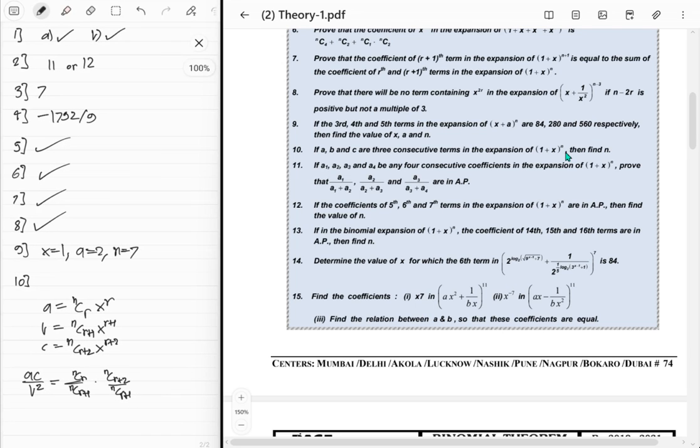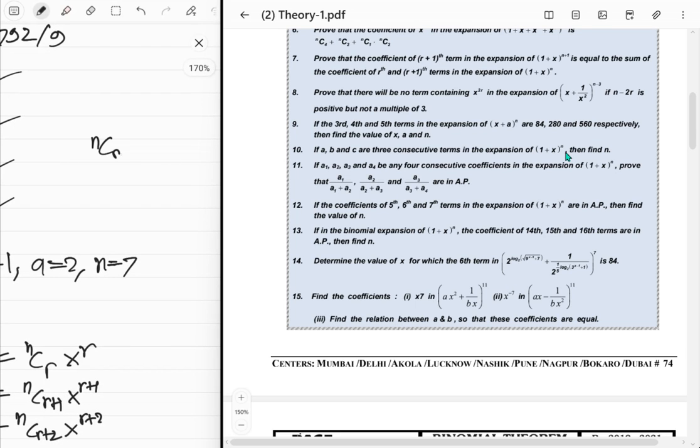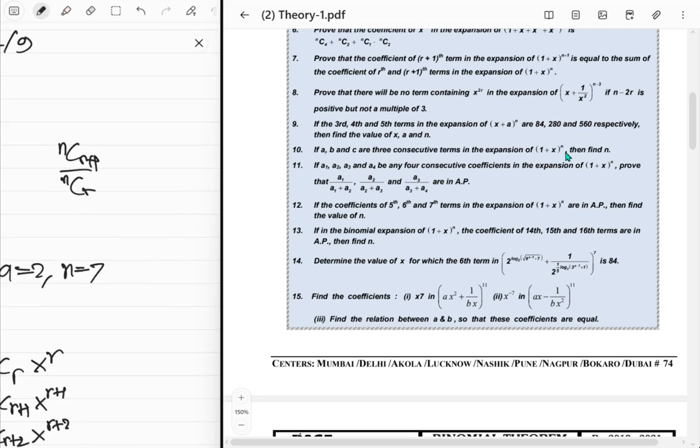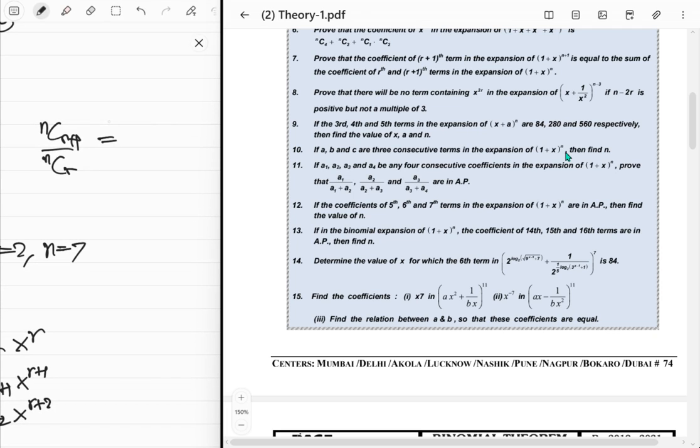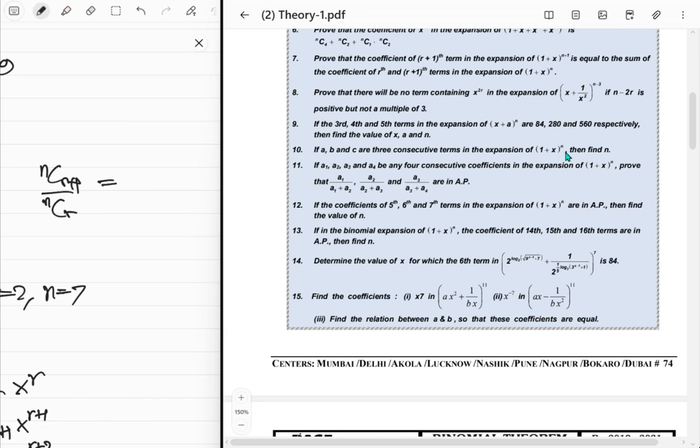And at this point, let's figure out the formula for this kind of thing. So nC(r+1) upon nCr. You can figure out a formula for that because this comes up everywhere. It's got n factorial upon (r+1) factorial, (n minus r minus 1) factorial, and also n factorial upon r factorial, (n minus r) factorial.